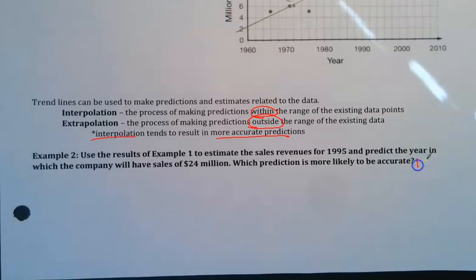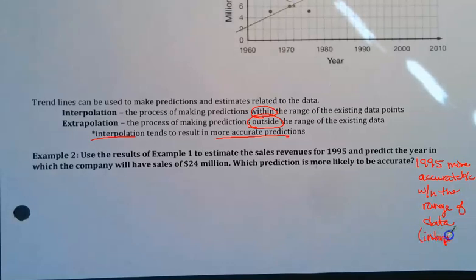Okay. So 1995 would be more accurate because it's within the range of data, or it's interpolation. That's true.